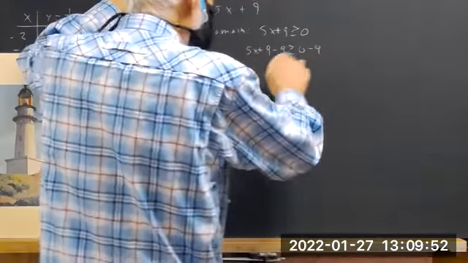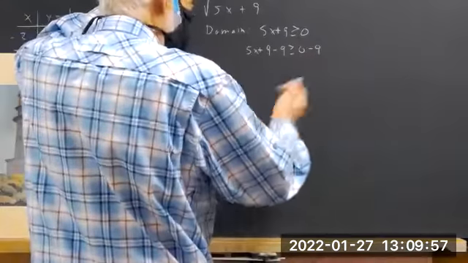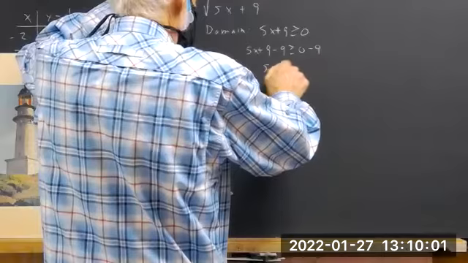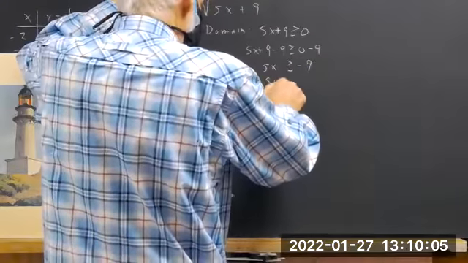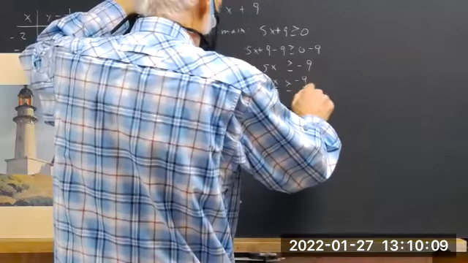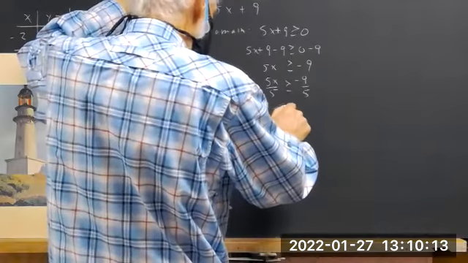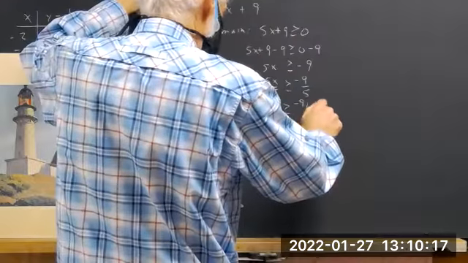5x plus 9 minus 9 is greater than or equal to 0 minus 9. So 5x is greater than or equal to negative 9. So 5x over 5 is greater than or equal to negative 9 over 5. So x is greater than or equal to negative 9 over 5.